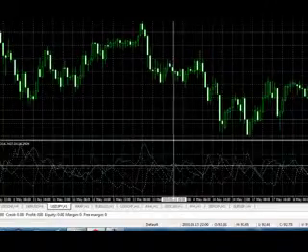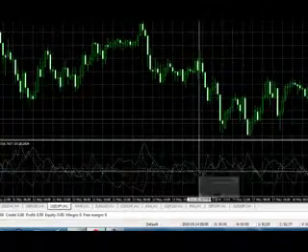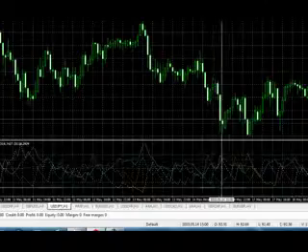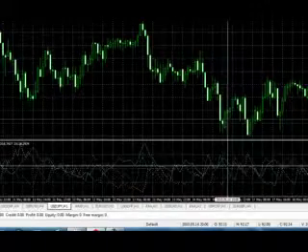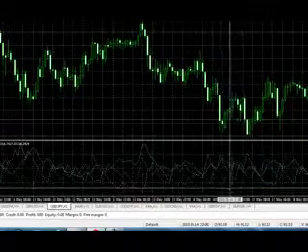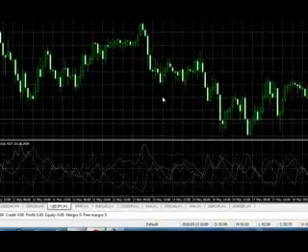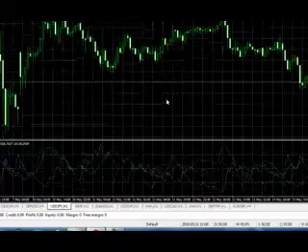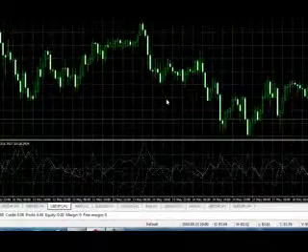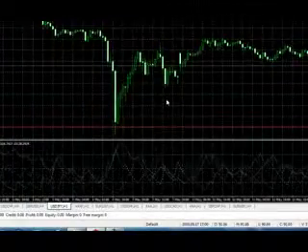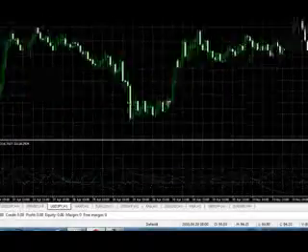If the directional index, the full line, is below the negative DI line and the positive DI line, that shows a ranging market. So at that point, there's really not much activity in the market.